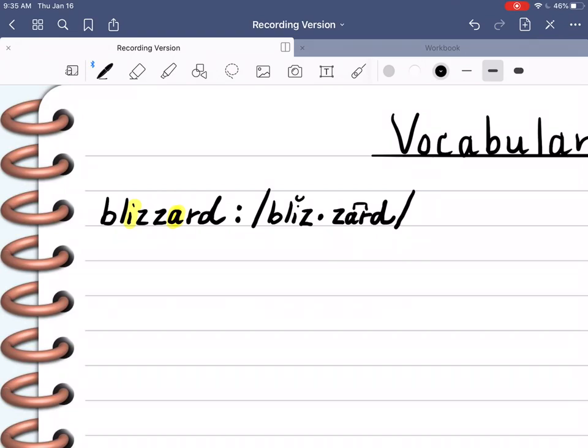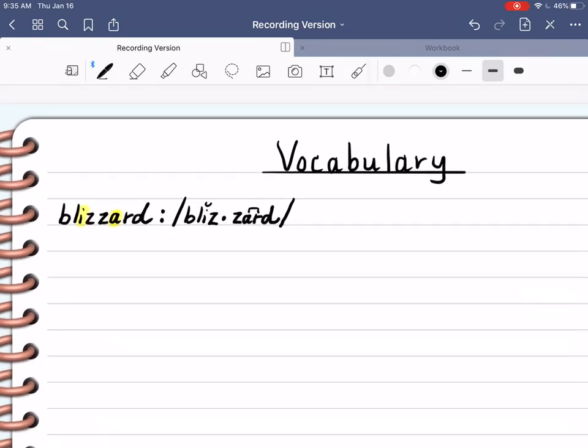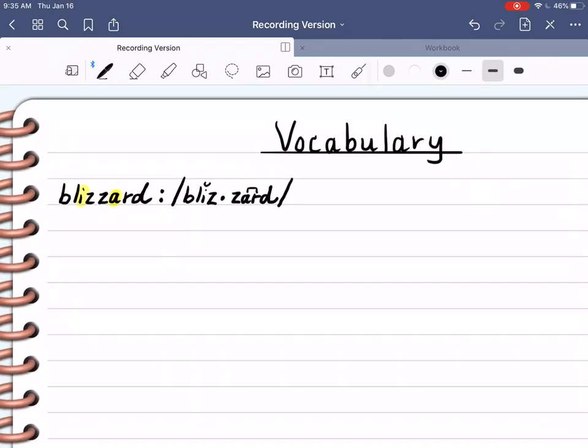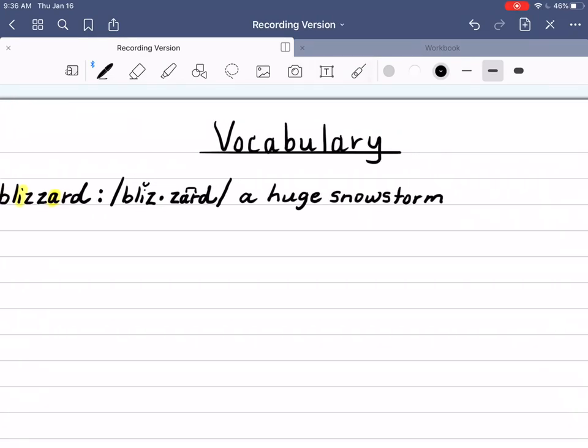Let me go ahead and give you the definition, and then we'll worry about part of speech. I think that will be easier. So blizzard is a huge snowstorm. The definition starts with A, so this is a pretty good clue that this is a noun.